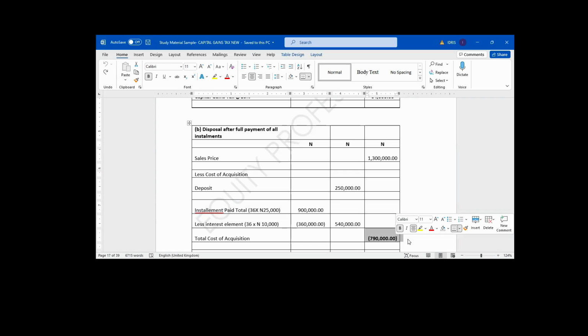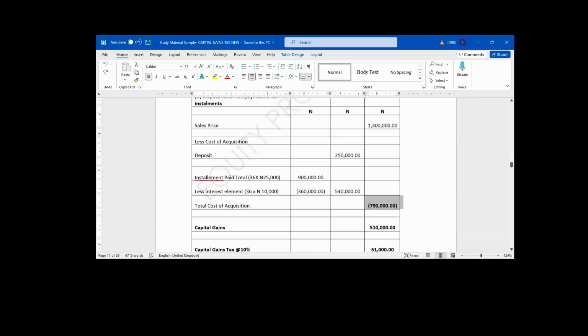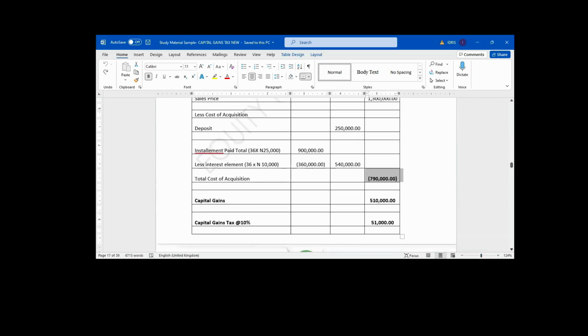Since he has paid the full installment, and we know the cash price is 790, our capital gain is going to be 510.